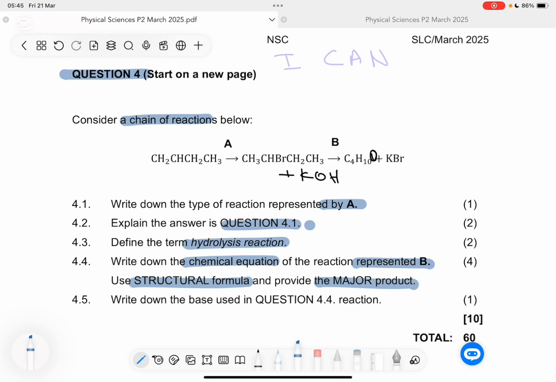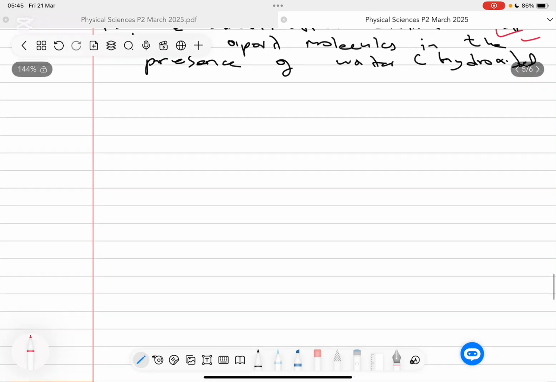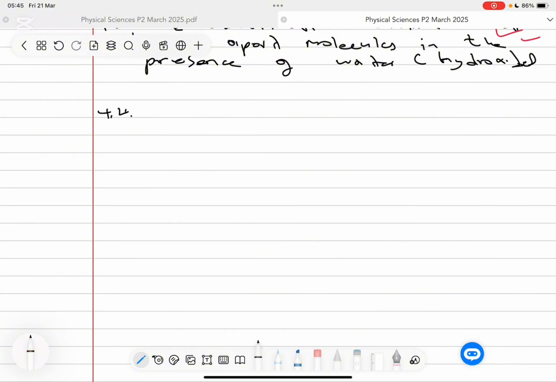To do this, I'm going to turn this into a structural formula. I'll start off by having 4 carbons, 1, 2, 3, 4. That's the body of my reaction. So let's go back to black pen here.